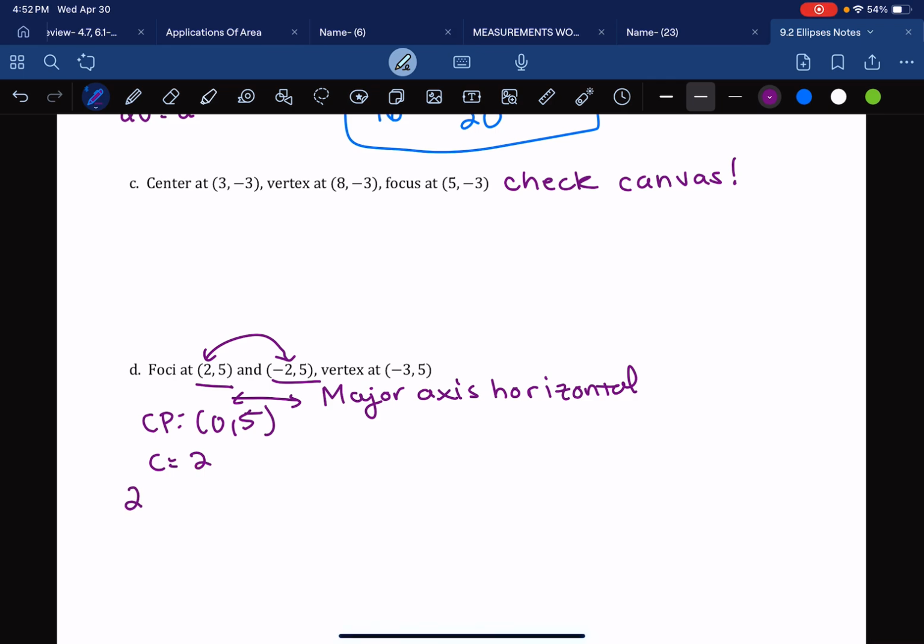So C squared is equal to A squared minus B squared. So how do I find one of those? One of the vertices is at -3, 5. So this is the number that changes. So A has to be 3.